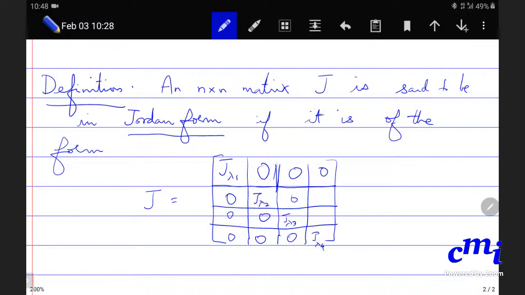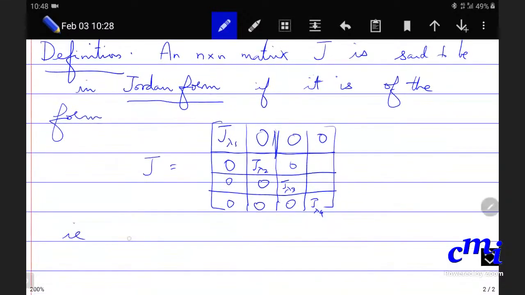It doesn't necessarily mean 4. It has some block diagonal form consisting of some number of blocks, and each block is a Jordan block.